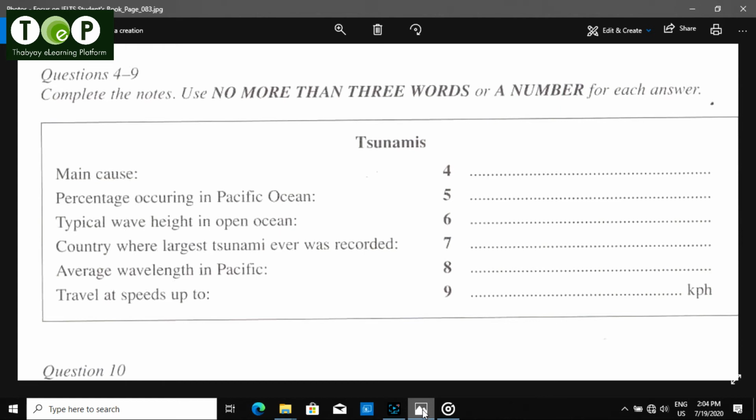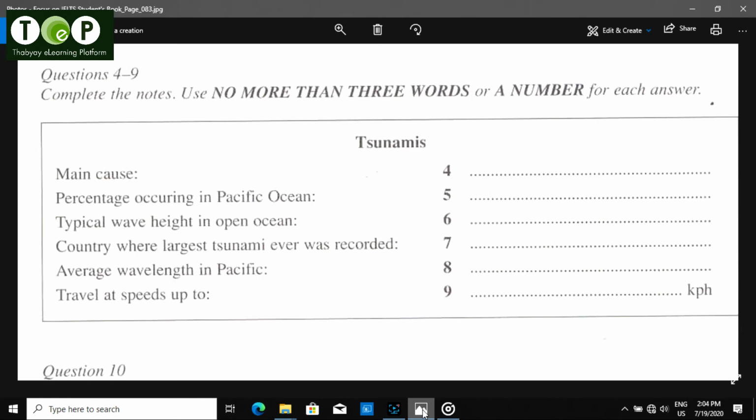The majority of tsunami are caused by earthquakes which occur under the seabed, although a few are also caused by underwater volcanic eruptions. Most tsunami, that's between 80 and 90%, take place in the Pacific Ocean. This is because the majority of the Earth's earthquakes happen around that ocean in the so-called Ring of Fire.